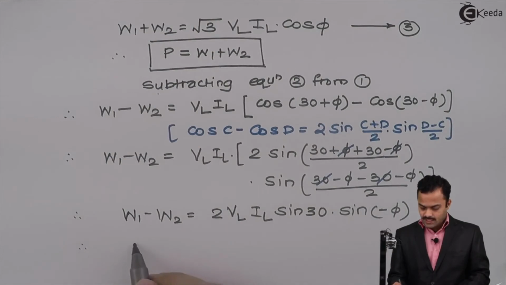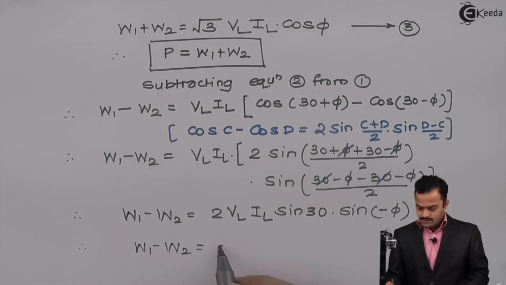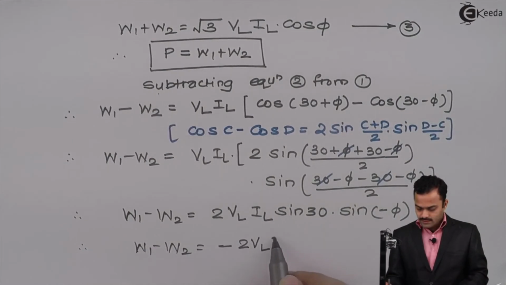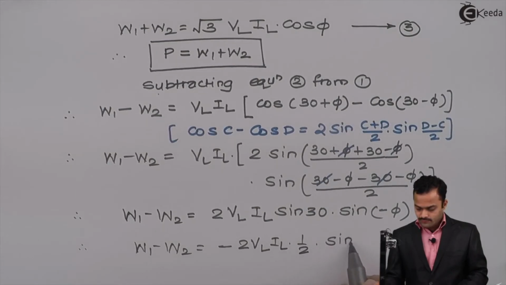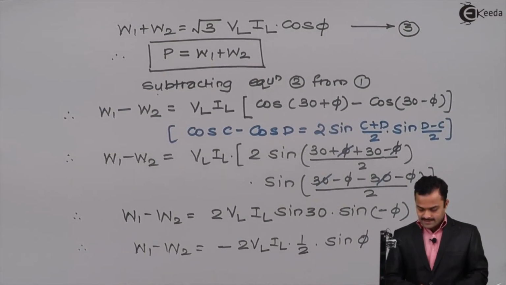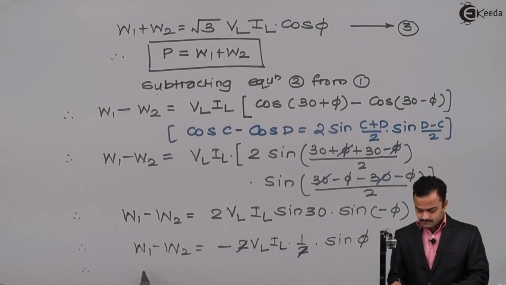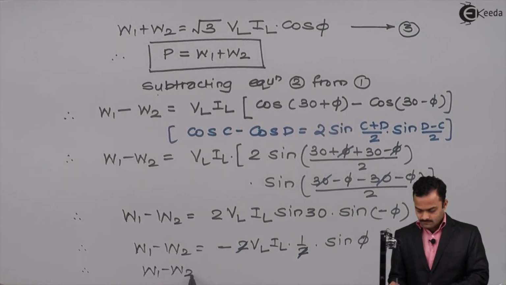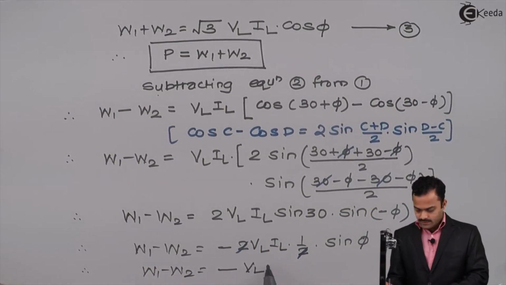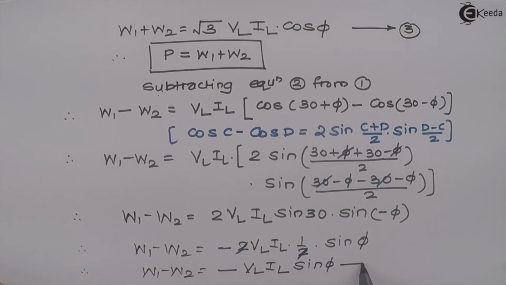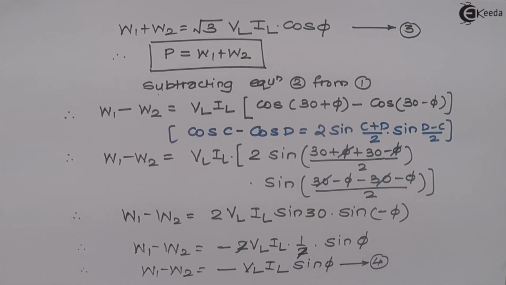So if I substitute that, I will get W1 minus W2 as minus 2 VL IL 1 by 2 into sine 5. 2 gets cancelled. So finally I will get W1 minus W2 as minus VL IL sine 5, equation number 4.